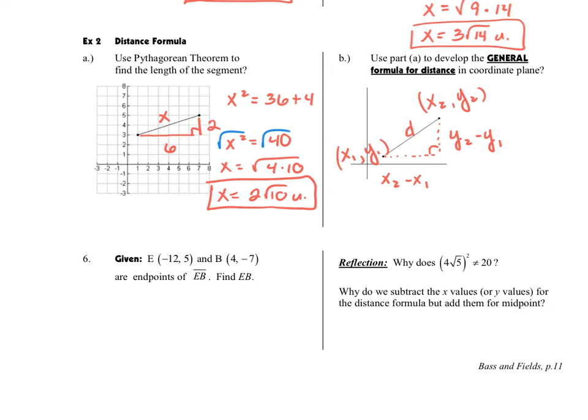That length, besides just counting 2, was the difference between 5 and 3. That means that we can write the formula for that distance as the hypotenuse squared, and each of those legs are going to be squared and added together just using our Pythagorean theorem. And then the distance itself, if we finish that off, is going to be the square root of that entire expression.